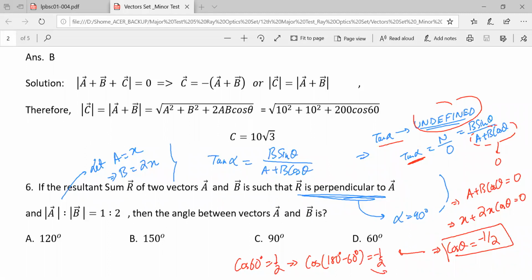So that means cos of 120 degrees is minus half. So that means here theta is 120 degrees. It's a lot lengthier and a lot of chances for you to make mistakes by using this method compared to the geometrical method, but this is how we solve it using algebra.